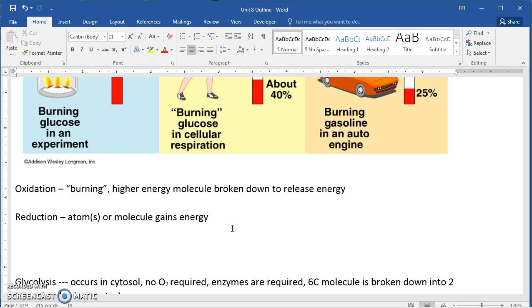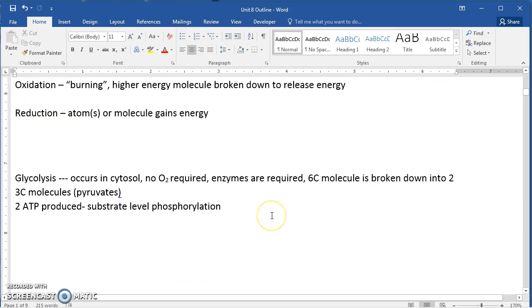Because even though you're gaining electrons and gaining energy, an electron's charge is negative, and if you're keeping track of charges, something that's more negative you think of as being reduced in charge, and so that's how it gets its name, reduced, even though it typically gains energy when it's more reduced. Something that is oxidized loses energy. If you take a log or paper, you burn it, the ashes that are a result have less energy than the original paper or log.